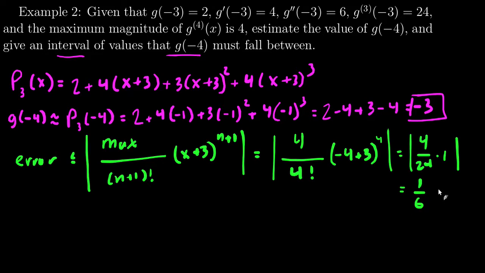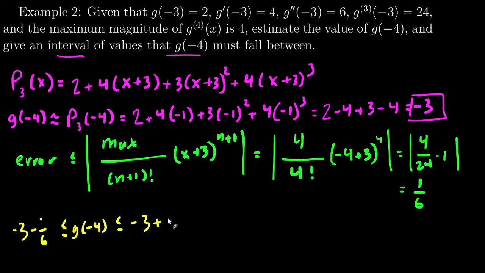And this is where it gets really useful. So the error is less than or equal to 1/6, which means that g of -4 must be greater than or equal to this minus 1/6 and less than or equal to this plus 1/6.